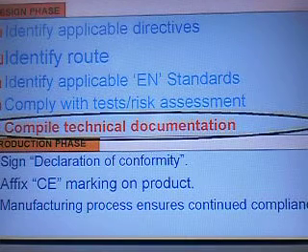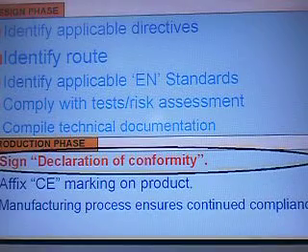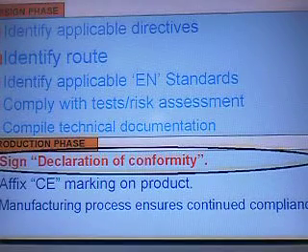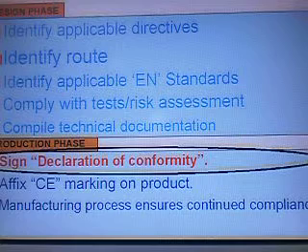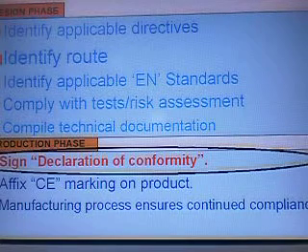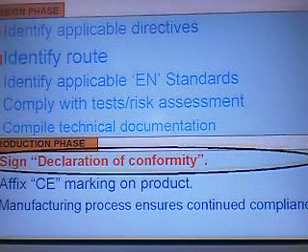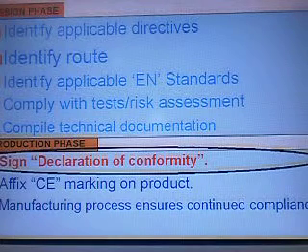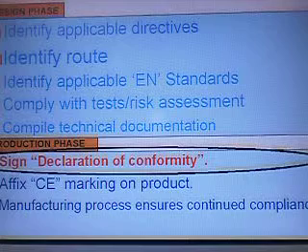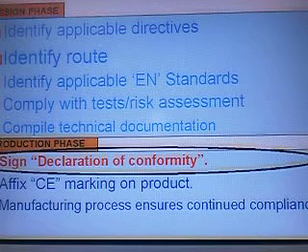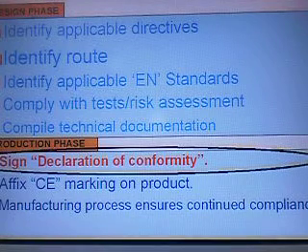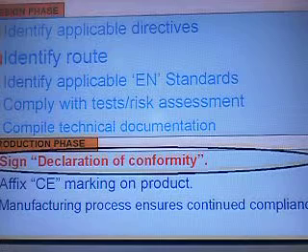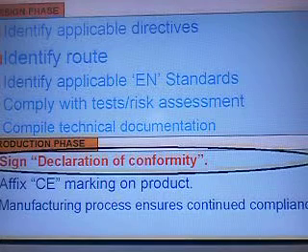After this, the manufacturer has to draw up what is called a declaration of conformity. It is here where the manufacturer actually declares that the product meets the requirements of the directive. He lists all the directives that have been referred to, and he also lists the standards in the declaration of conformity. He then signs the declaration of conformity along with the date.